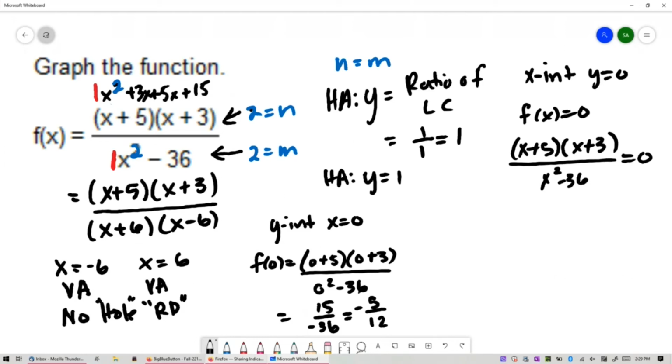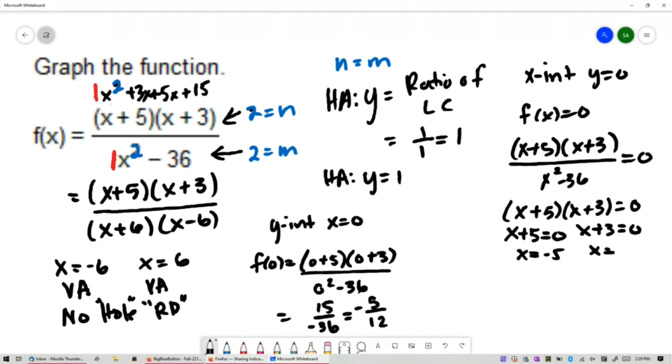This looks initially pretty messy to solve, but if we multiply by the denominator on both sides, that's going to cancel out from the left, and then on the other side we have 0 times x squared minus 36, so we get a 0. And we can set each factor equal to 0. We get x equals negative 5 and x equals negative 3. So we have x-intercepts of negative 5 and negative 3.